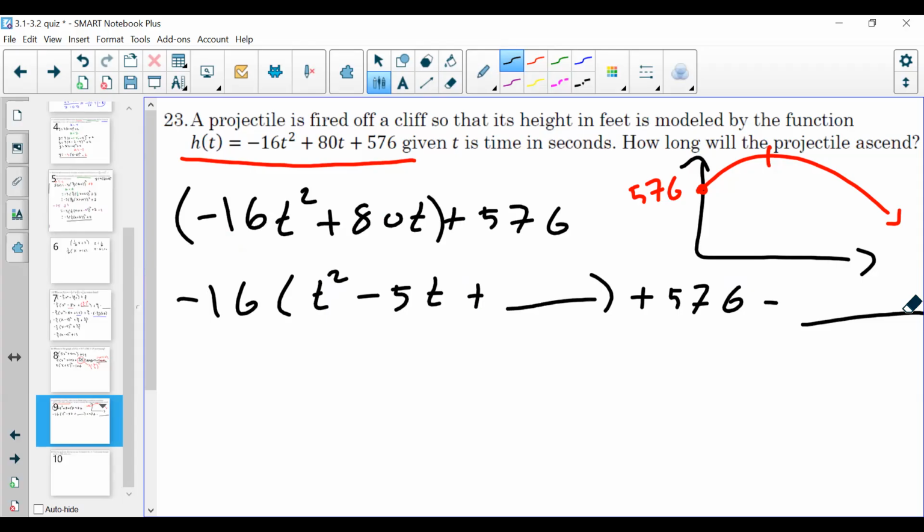That negative 5, I divide by 2, then square it. That gives me 25 over 4. So when I factor it, I have negative 16 times t minus 5 over 2, all squared, and I have the 576.